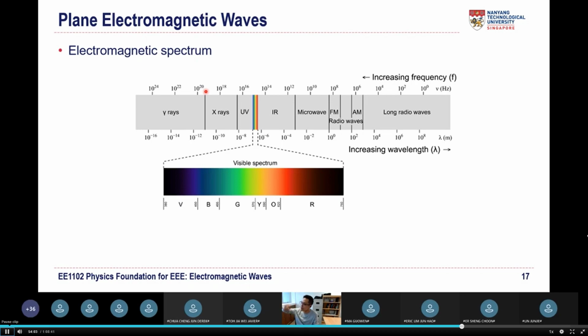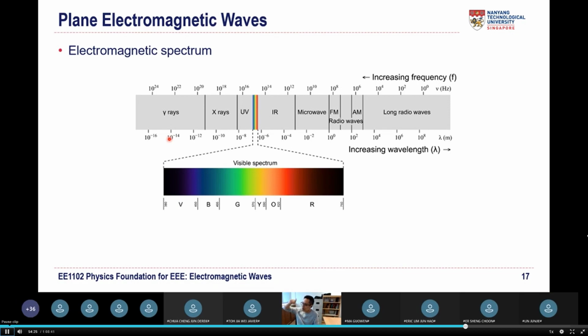If something oscillates slowly, that will be a low frequency electromagnetic wave. And because it is traveling at a constant speed, c, no matter what the frequency is, high frequency means you're going to have short wavelengths.